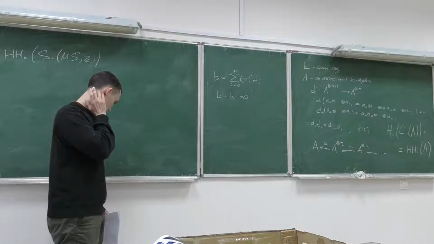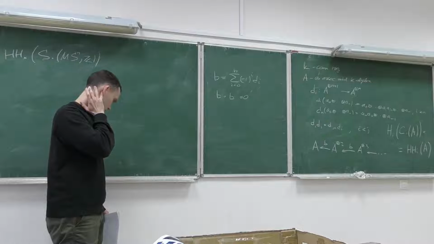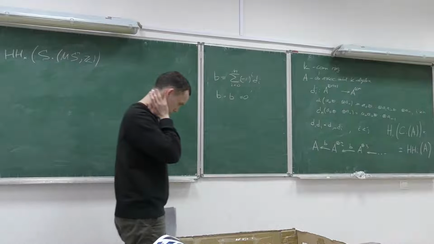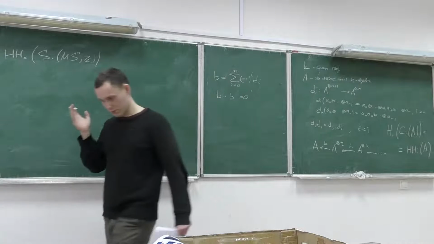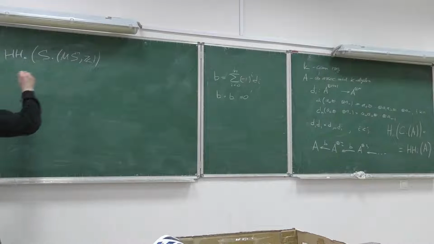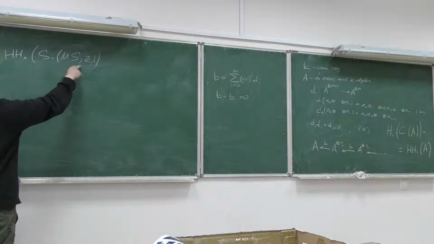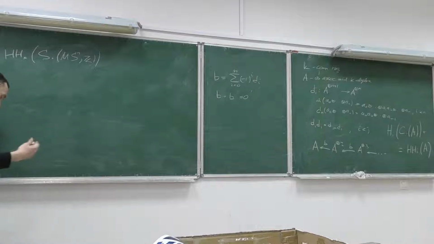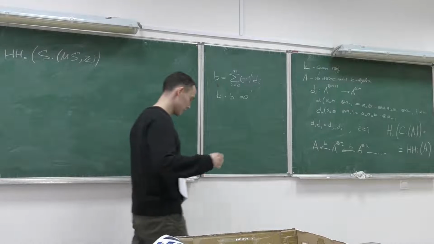This is just what I picked, I guess, from Rognes-Dundas-Goodwillie's paper. Anyway, I want to try to get a handle on this algebra to then compute its Hochschild homology.